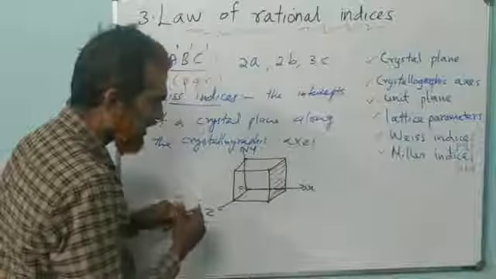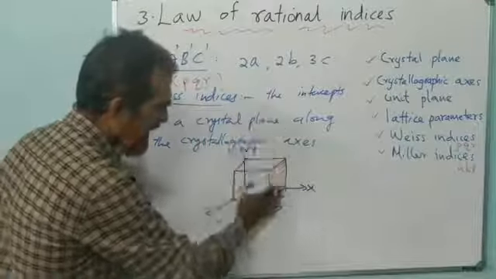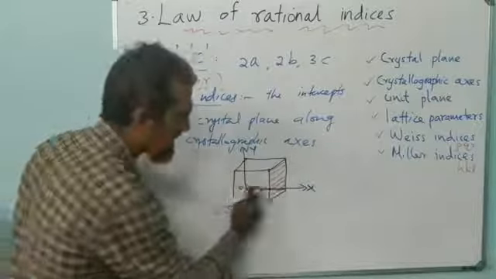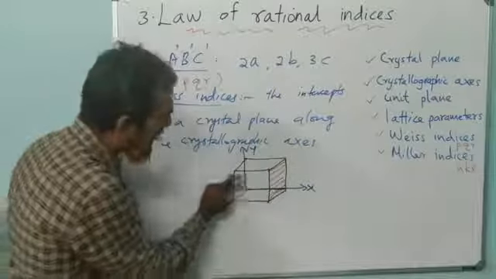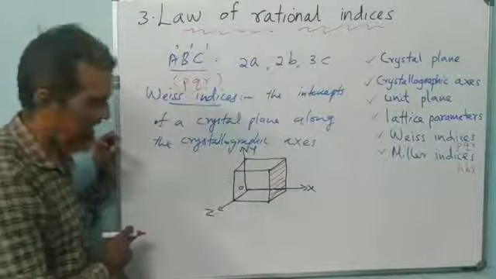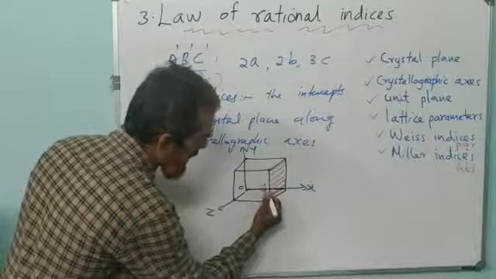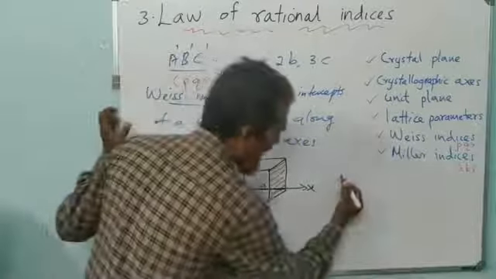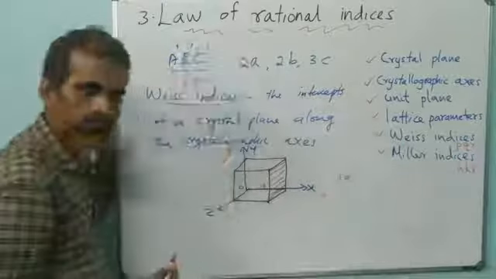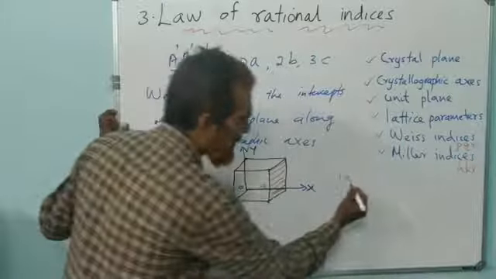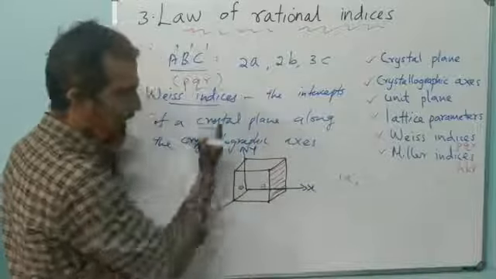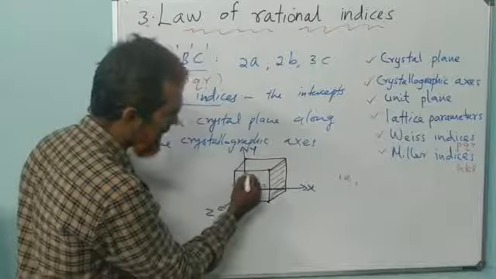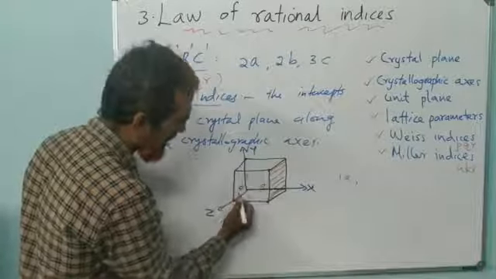See, this plane is cutting this axis only and is parallel to Y and Z. Suppose this is A. So we can say it is 1A, right? What about along B, if this is B and this is C?